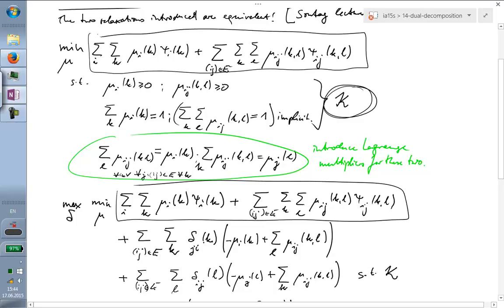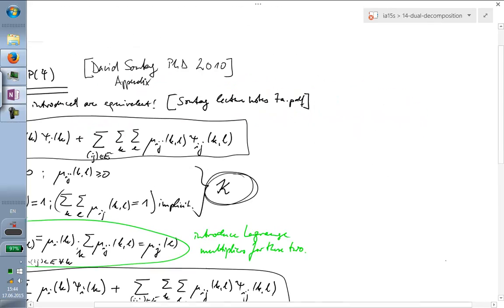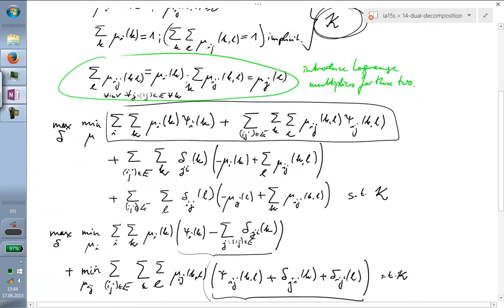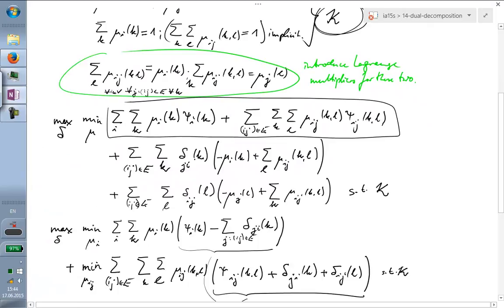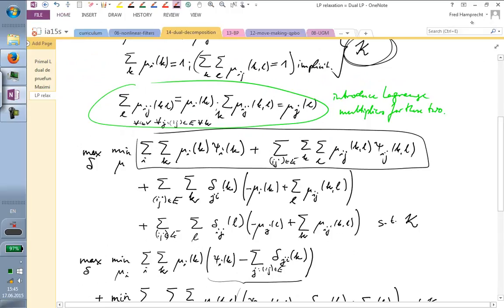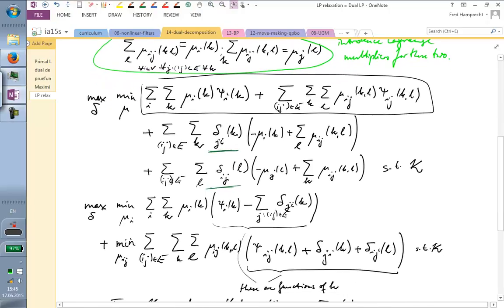But these constraints circled in green have now been added to the objective function using Lagrange multipliers. You see for each of these constraints we introduce a Lagrange multiplier delta. Now we want to minimize with regard to the original variables and maximize with regard to the Lagrange multipliers.